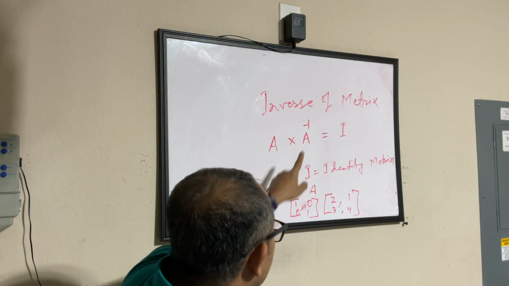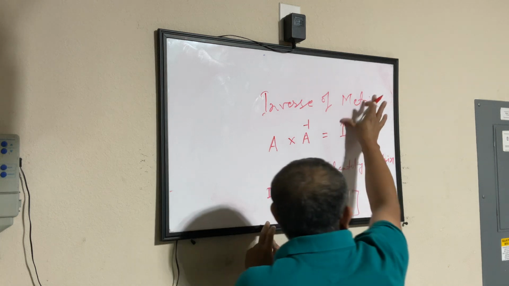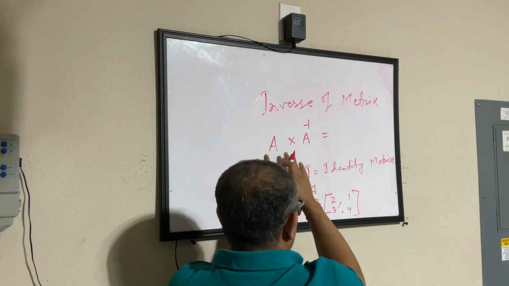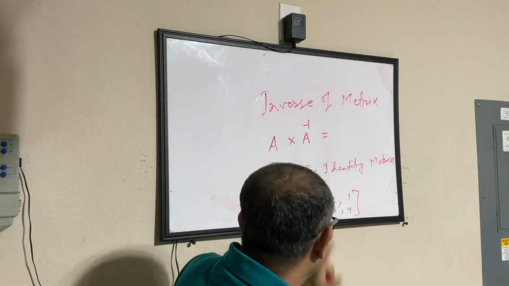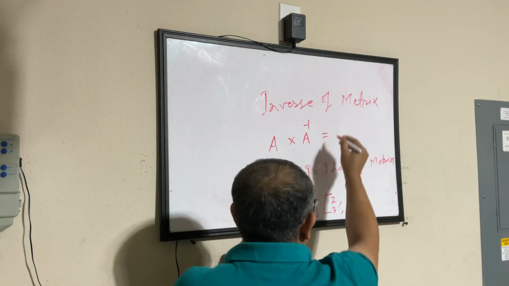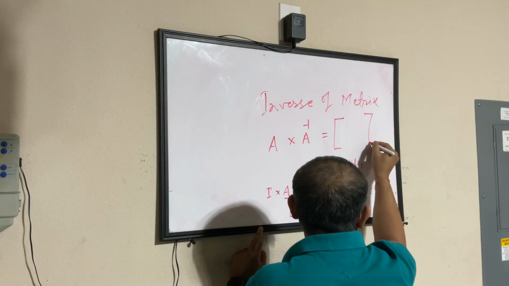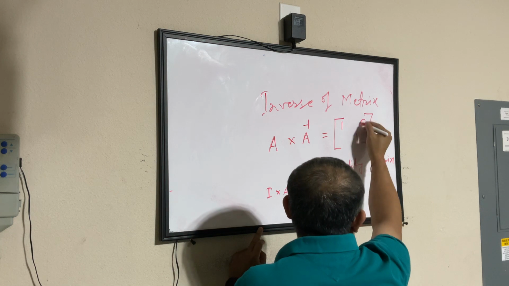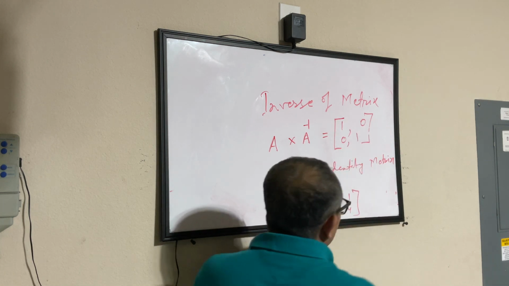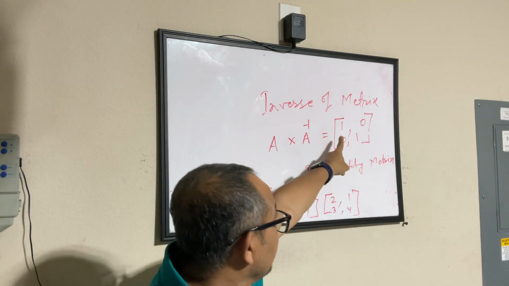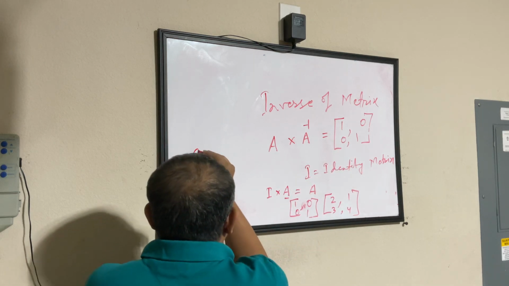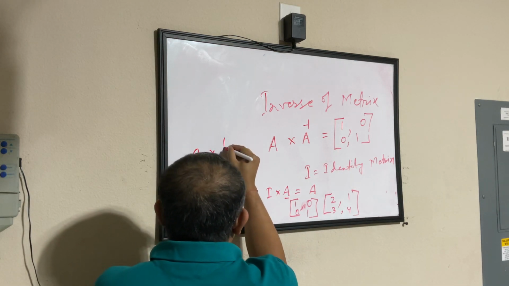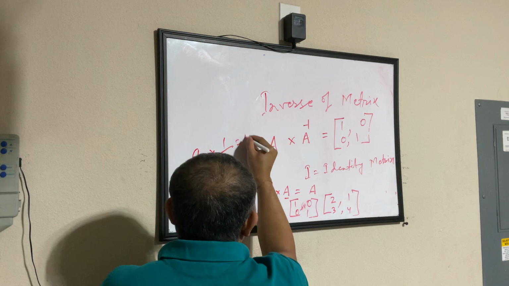Okay, so now if you look at this, let's say I'm assuming that A is my 2 by 2 matrix. So multiplication of A and inverse of A would give me a 2 by 2 matrix, and it pretty much relates to this thing, right? If you look at this, A into 1 by A gives me 1.